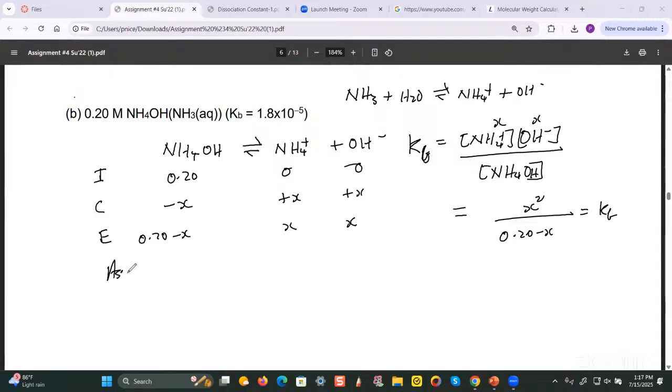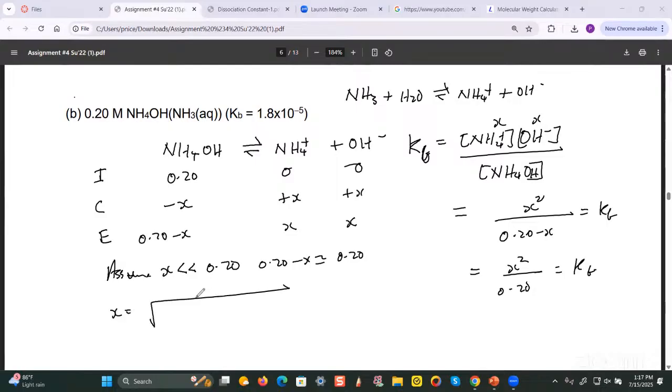Assume x is much less than 0.20. So therefore, 0.20 minus x will be approximately equal to 0.20. So that would simplify this to x squared over 0.20 is equal to Kb, which means that x would be equal to the square root of Kb times 0.20, which would be equal to the square root of 1.8 times 10 to the minus 5.